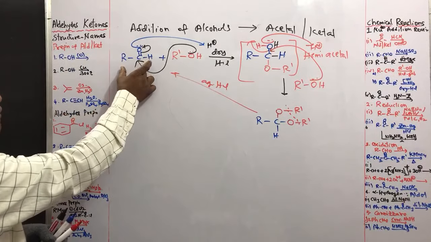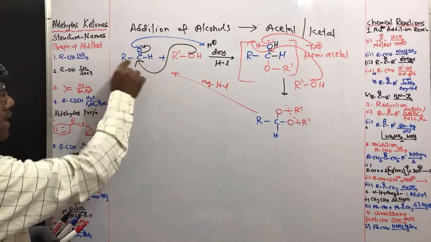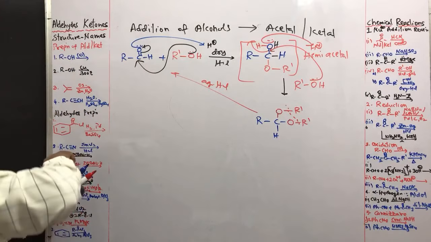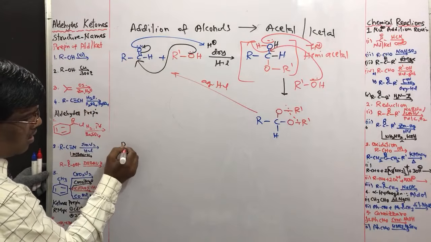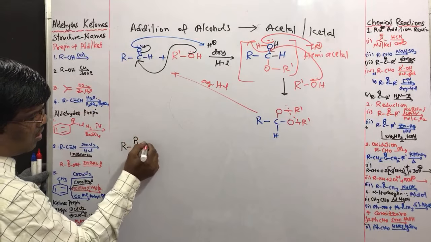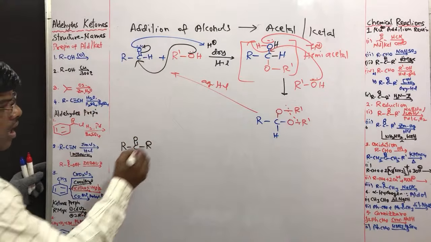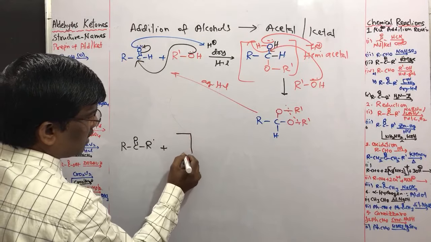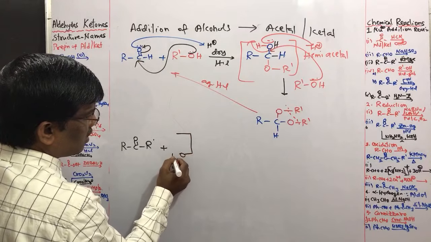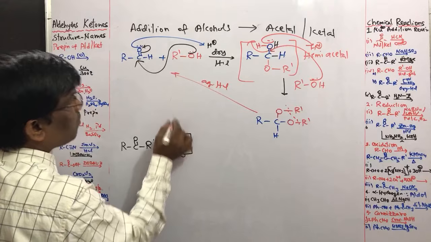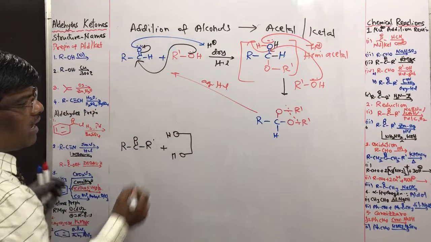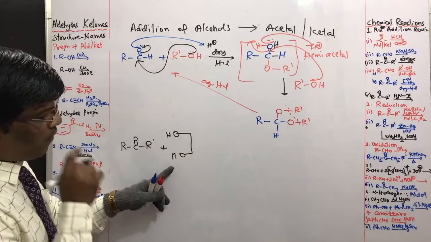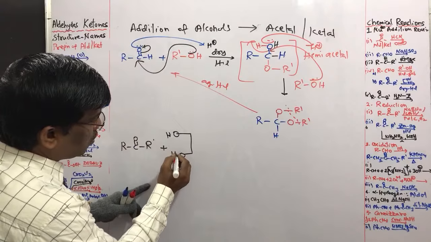So in place of this aldehyde, if I take a ketone and treat it with ethylene glycol. In the previous example, I have taken 2 moles, so one molecule, 2 moles, 2 sides.